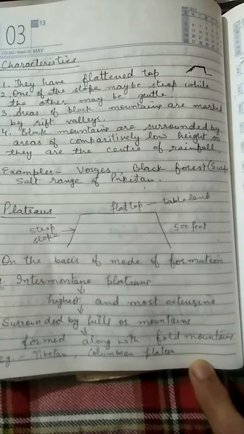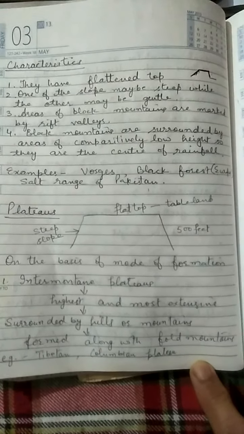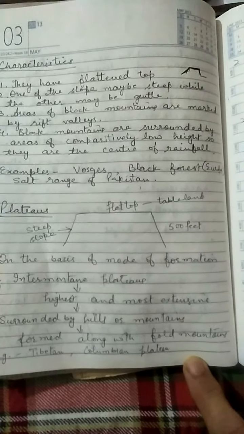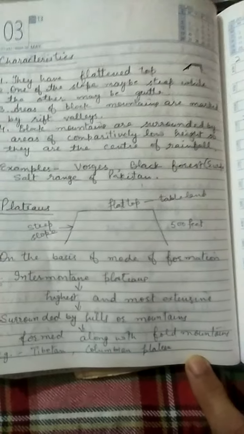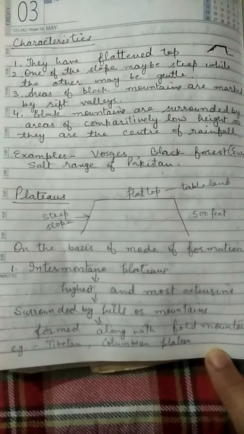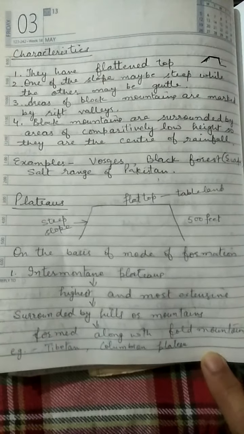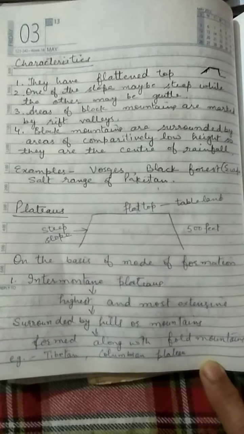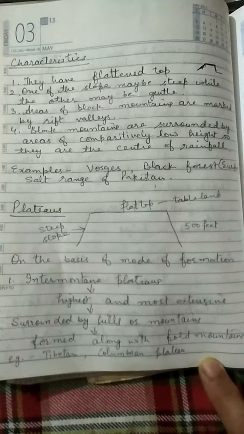They are formed along with the formation of fold mountains. When the fold mountains were formed, they were formed in between those mountains. Example, Tibetan Plateau. Tibetan Plateau is enclosed between the Himalayas and Kunlun Mountains.